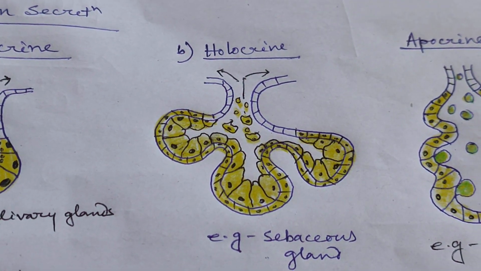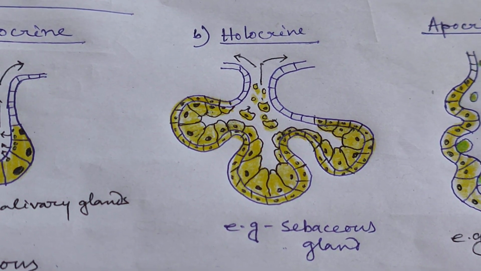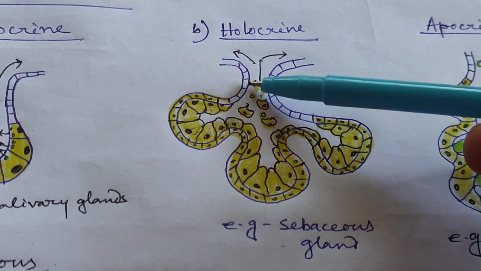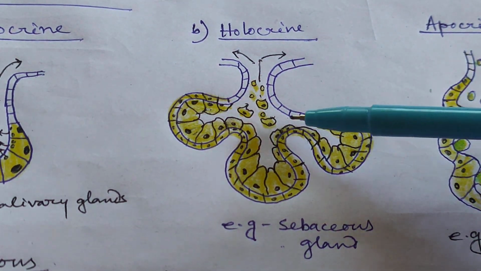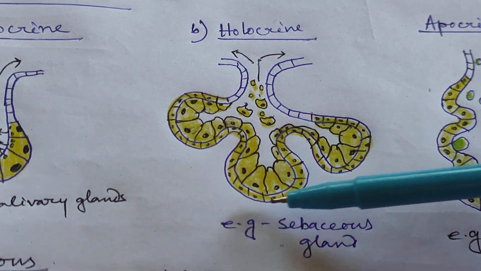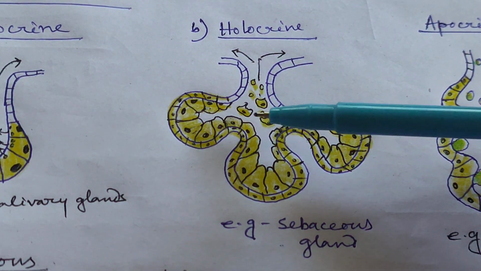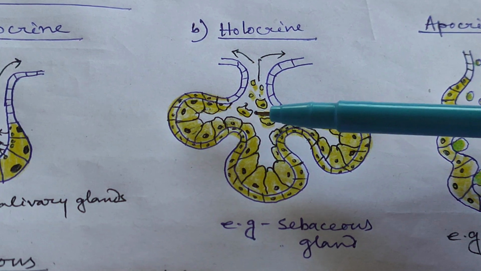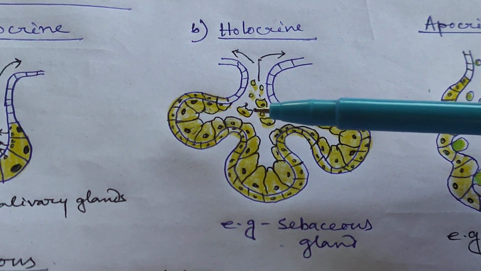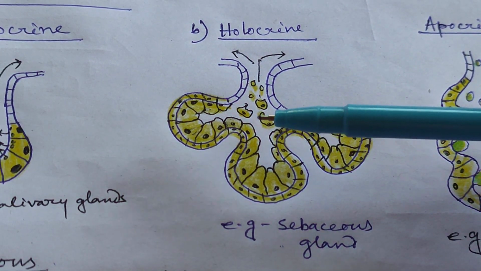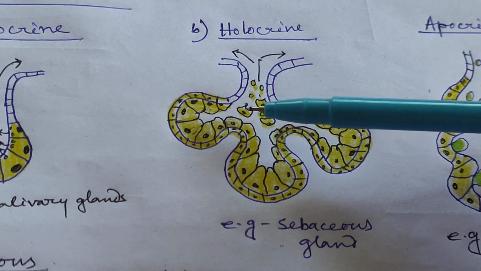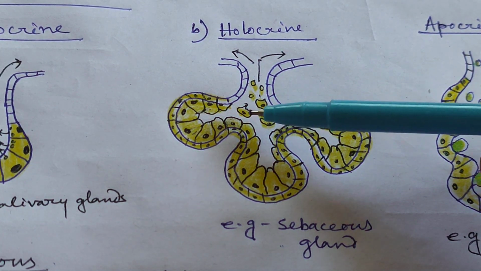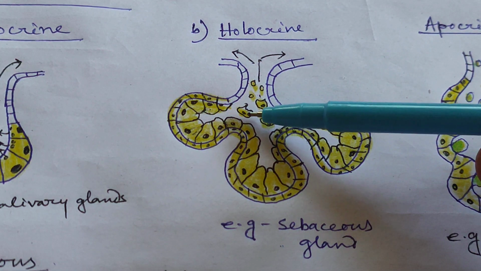Holocrine gland means, see here, this is a holocrine gland. Here you can see this part is the ductal part, the white part, and this part is the secretory part. Here you can see the secretion is not made from the secretory granules or secretory vesicles. Rather, the acinar cells, the secretory cells, themselves get disintegrated.